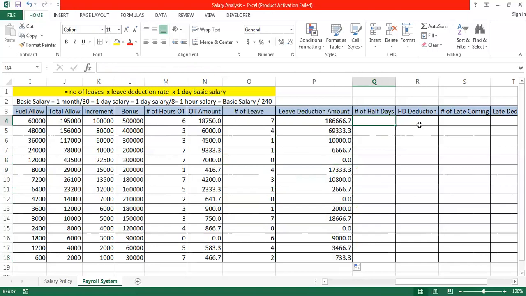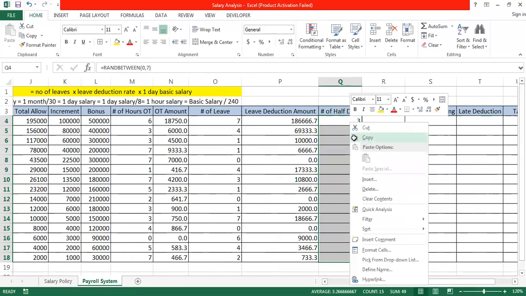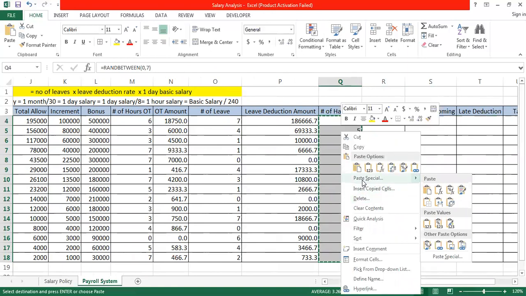In order to make it simple, we will apply the RANDBETWEEN formula: equals RANDBETWEEN 0 to 7, and then I'm going to fix these number of half days values generated by the RANDBETWEEN formula.